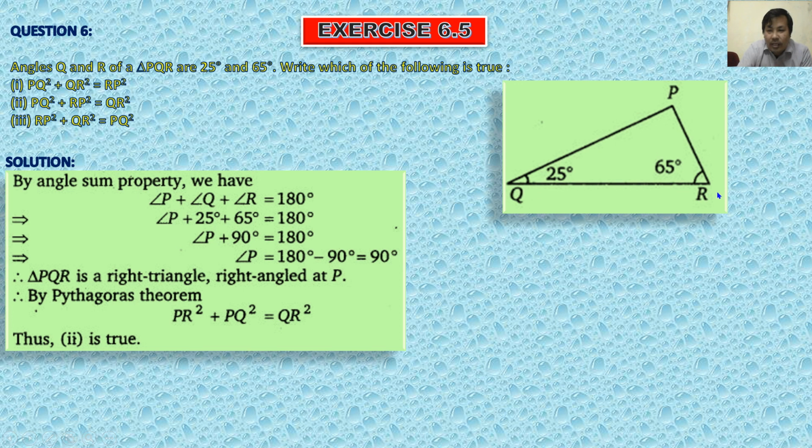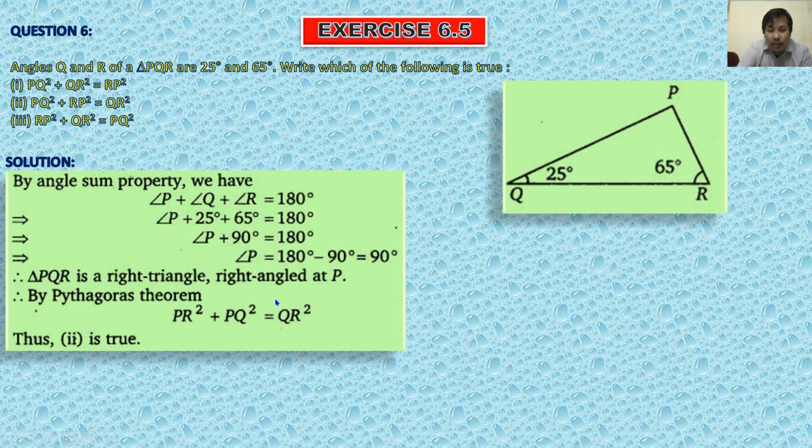QR is the hypotenuse. Here QR square is equal to PQ square plus RP square. Yes, then 2 is true. Therefore, triangle PQR is a right triangle, with the right angle at P. By the Pythagoras theorem, PR square plus PQ square is equal to QR square.